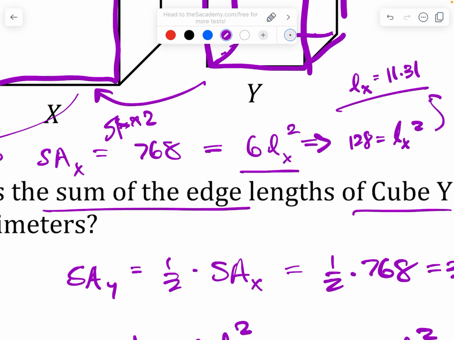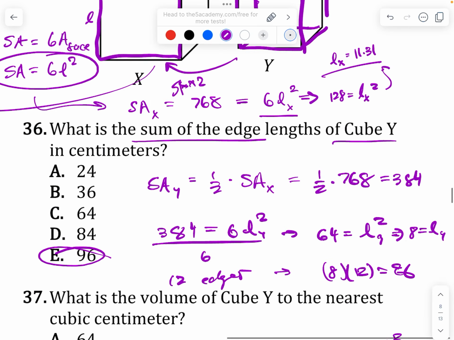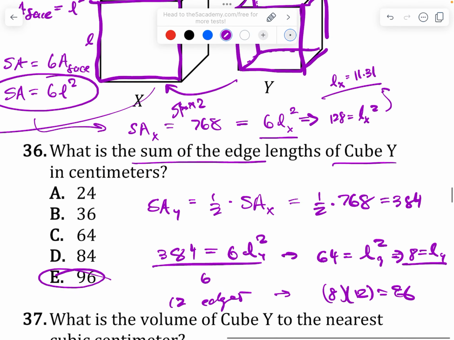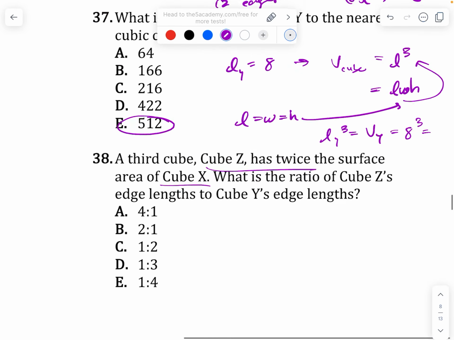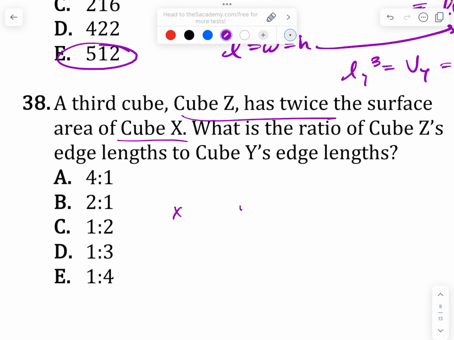Okay, so this versus this. Now, if you're wondering, okay, what's the exact ratio? If you divide 11.3 by 8, you end up with 1.14, which is square root of 2. Okay, so I'll write it this way. So from x to y to z, let's make a table.